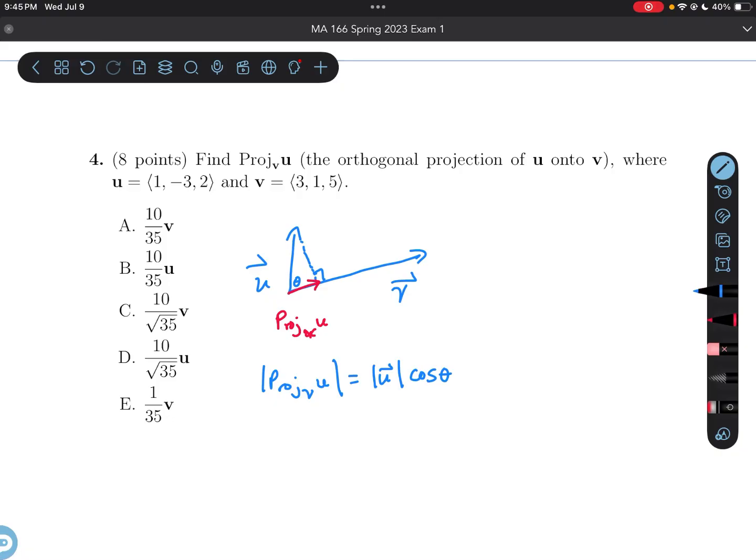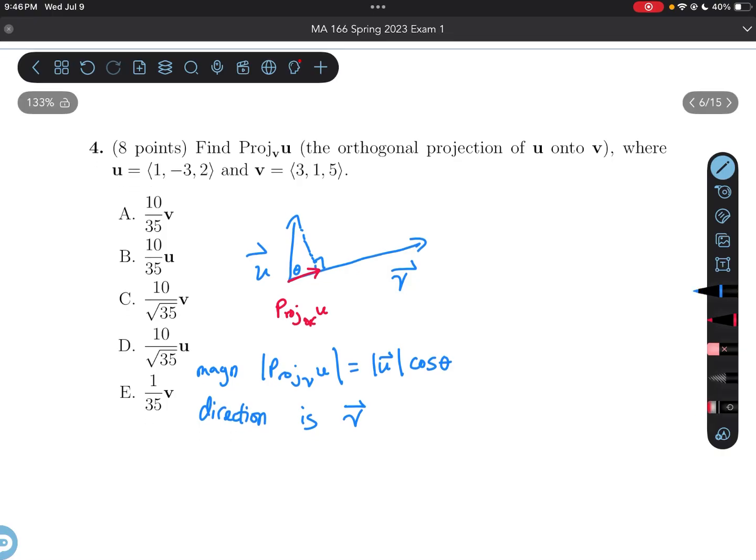The other piece of information we need is the direction, and the direction is v, because both vectors are pointing in the same direction. The only two pieces of information you need to describe a vector are direction and magnitude. Now that we have both, we can find the value of the vector.